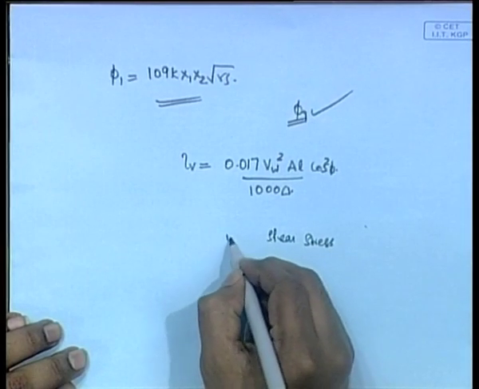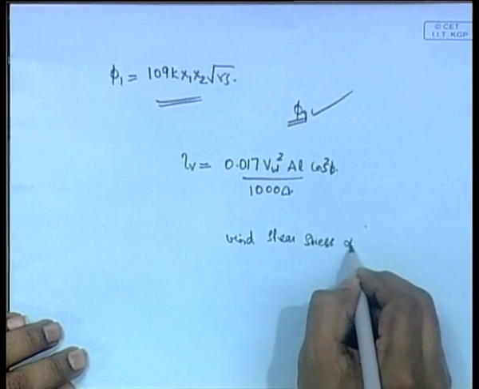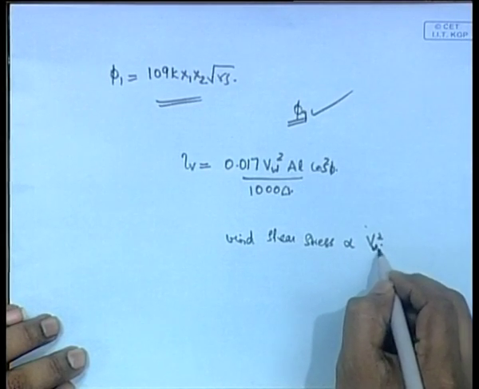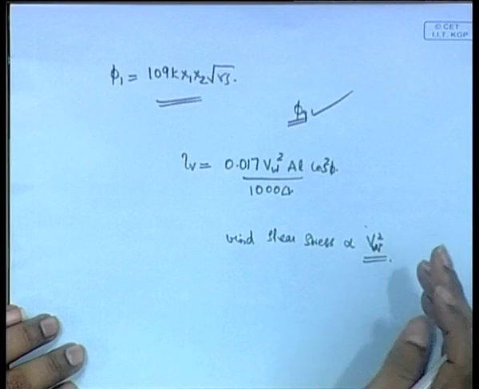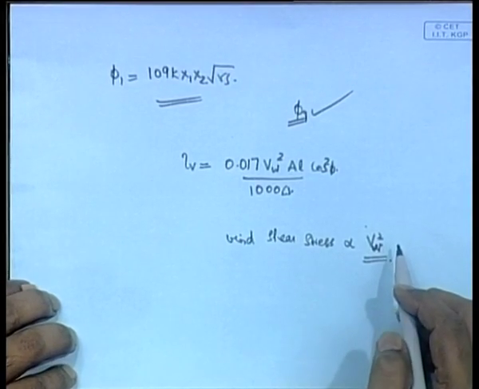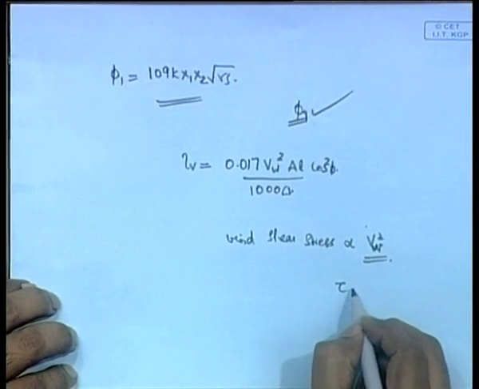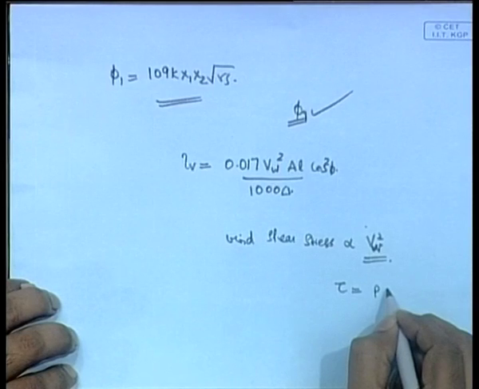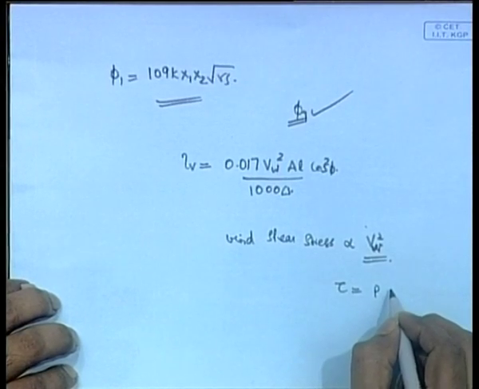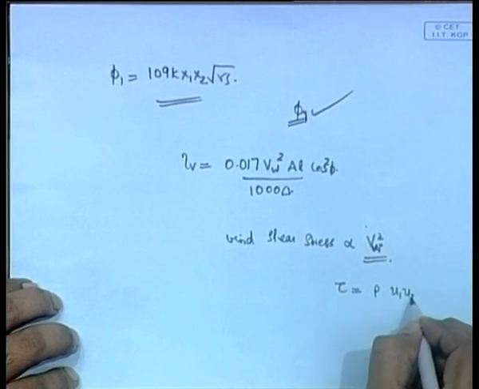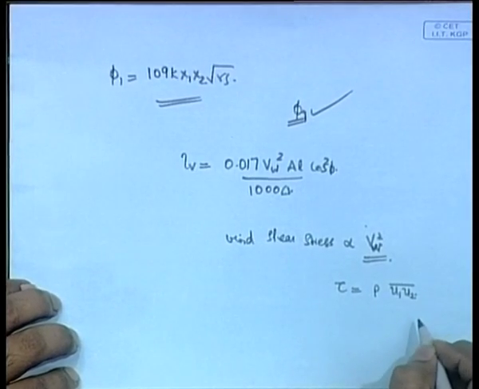The wind shear stress is always proportional to V of wind squared. The real definition of tau is actually rho u1 u2. This is slightly outside the purview of this course.